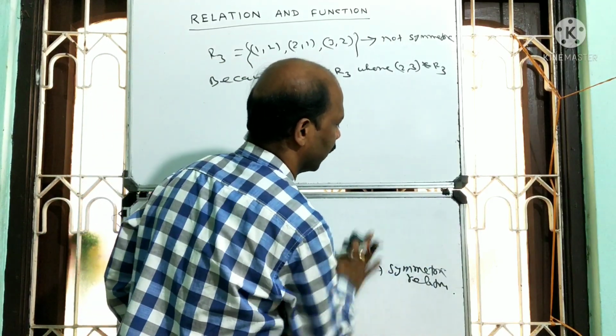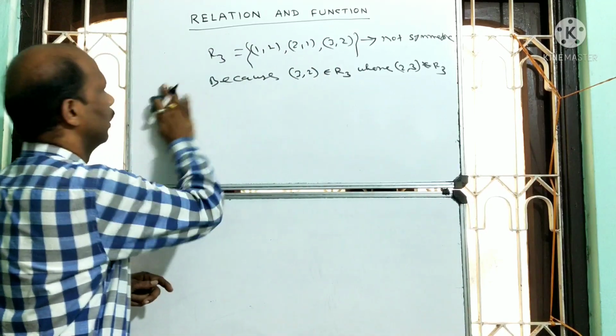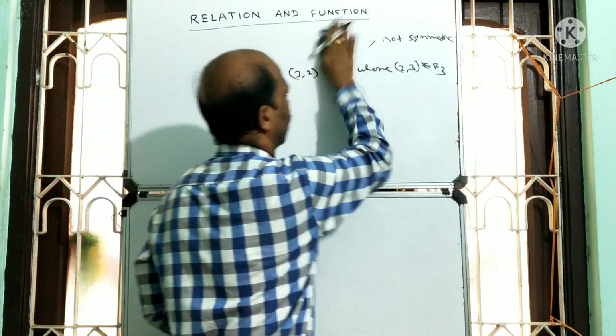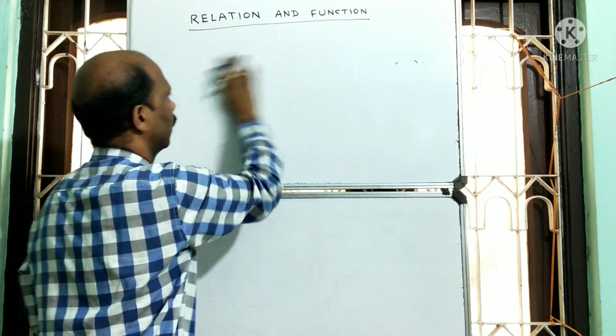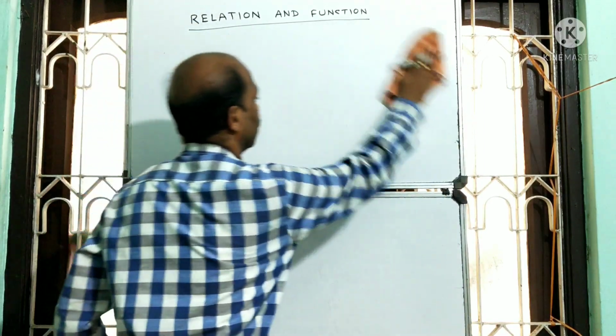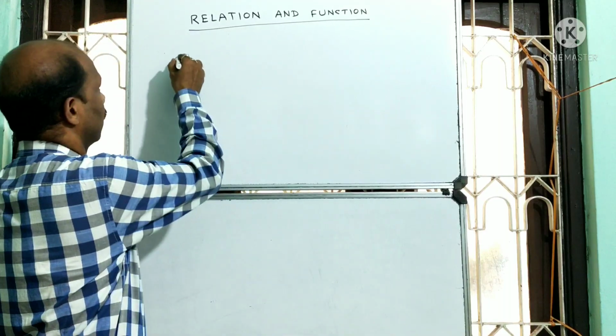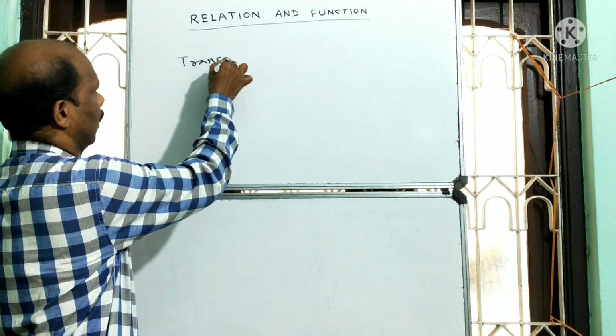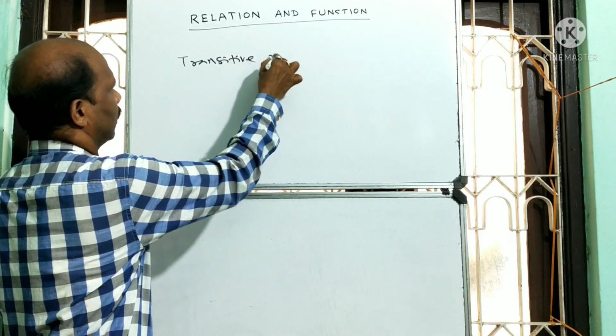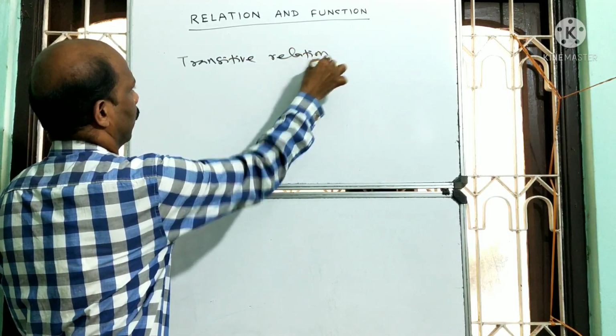Next, number 3 relation is transitive relation.